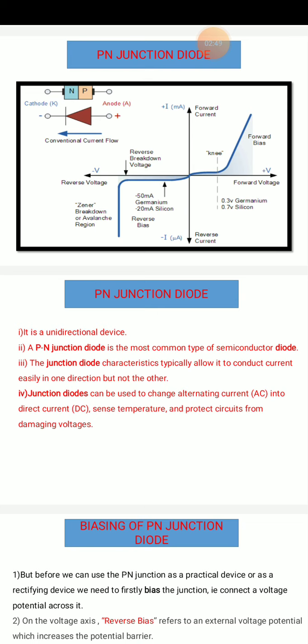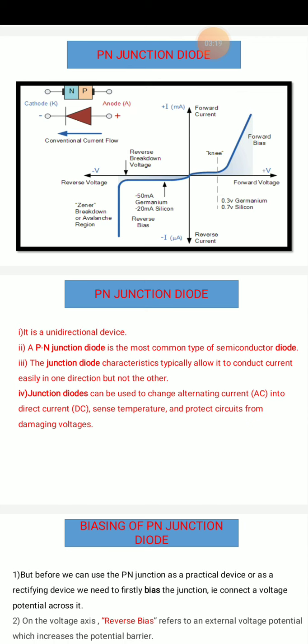We will discuss the VI characteristics diagram, how the PN junction diode works in forward bias as well as in reverse bias. Before that, what type of material is used for the PN junction diode? Mostly we use silicon, germanium and gallium arsenide.